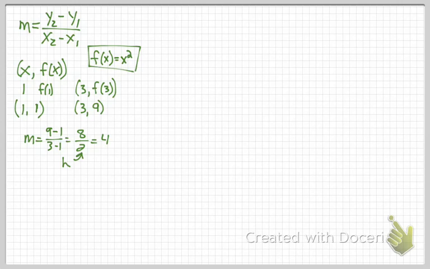So when we're looking at our slope formula now, we can say that we are looking at 2 points.